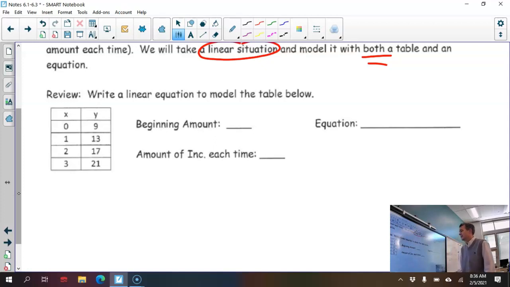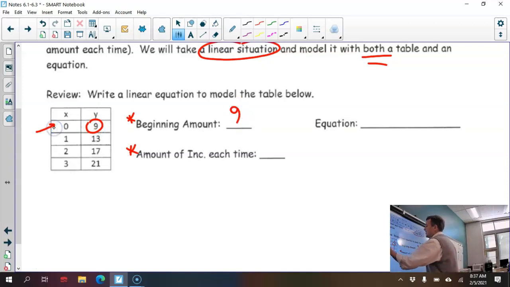If I have a table like this one and I want to write a linear equation to model it, I need to figure out these two things, the beginning amount and the amount of increase. Well, we know this is the beginning amount, right? Because the beginning amount is found when x equals 0. And the amount of increase each time is obviously 4, right?